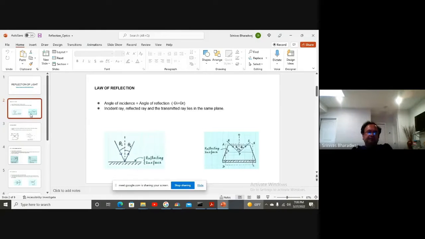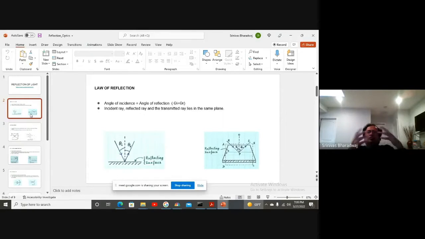Now it is very important to understand reflection and refraction, right? Reflection happens when there is a mirror, that everyone understands. But reflection also happens when there is a transparent layer like glass, or water.